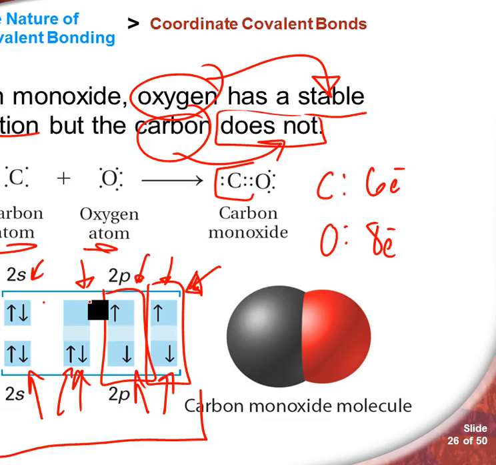Because carbon doesn't actually have the other electrons. But wouldn't carbon be more content in the 4 electrons? No, it would be more content in 8.